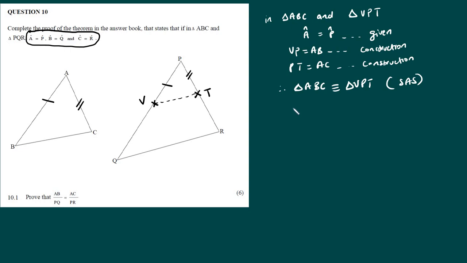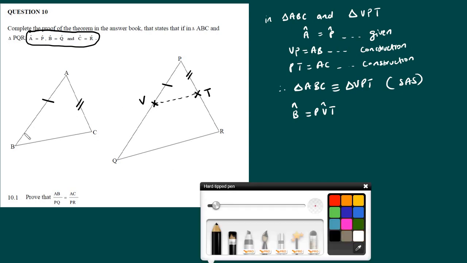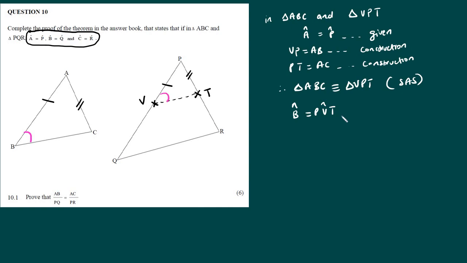Then after doing that, what do you say to them? Remember, it is now the angles part, right? You tell them that angle B is going to be equal to angle PVT, this one is going to be equal to that. Why?